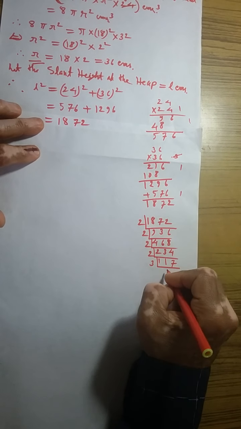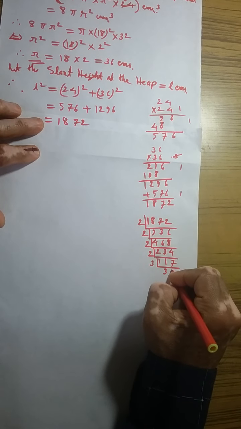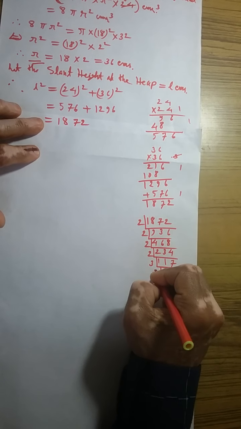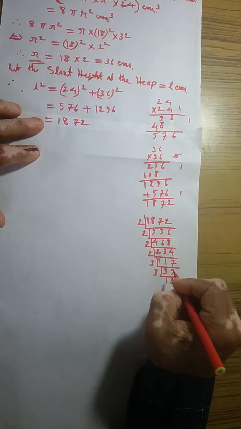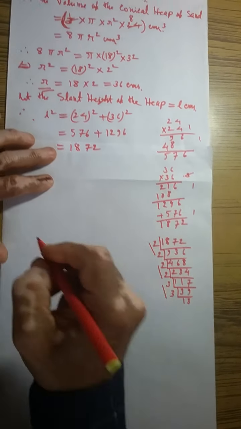Now by 3, 3 3s are 9, 3 9s are 27, 3 13s are 39. So 1 pair, 2 pair, 3 pair.